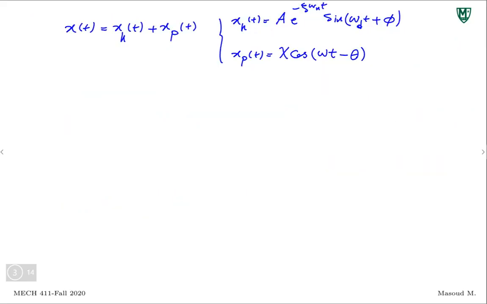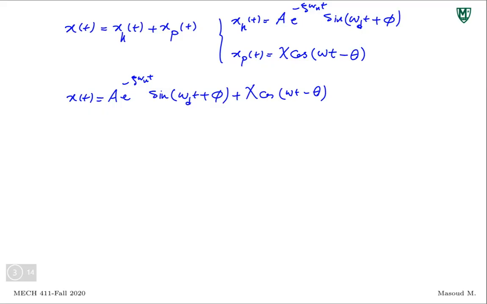So for the whole system response, I'm just going to put these two together: A e to the minus zeta omega n t sine omega d t plus phi, plus X cosine omega t minus theta. This is a general form of the solution, including the homogeneous part and a particular part.